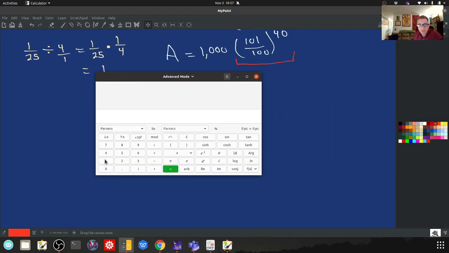My x is going to be 101 divided by 100, equals, x to the y, 40. That's the result of doing the operations with the red. And then I'm going to multiply that times 1,000.